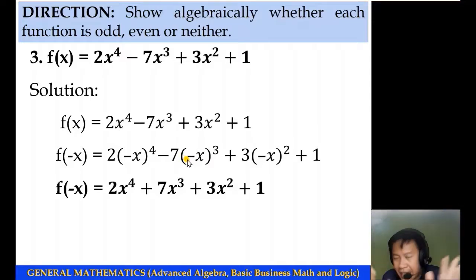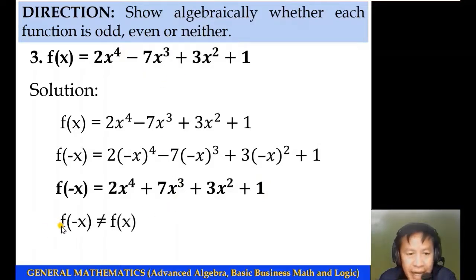If you split it from the coefficient, negative 1 times negative 7 is equal to positive 7 already. So the result would be 7x raised to 3 plus negative x times negative x is equal to positive x squared times 3 is 3x squared. Same. And it is also the same, but the problem is here.